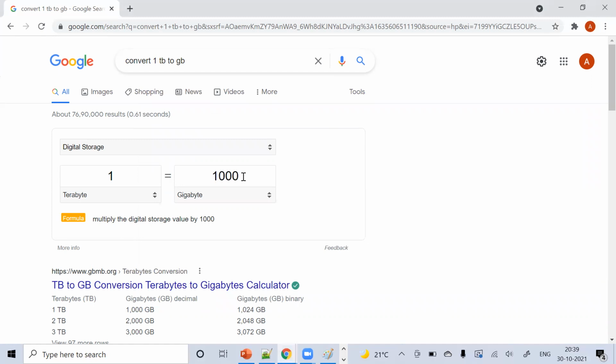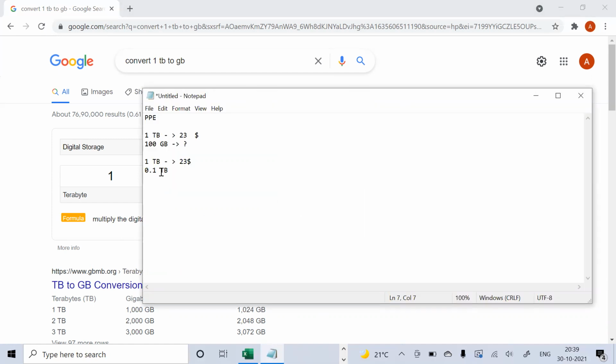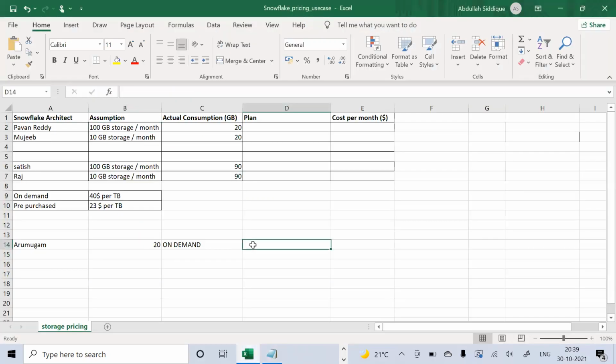But it will be somewhere around 0.1, right? Yes, 0.1. So how much will be the cost for on demand? $2.3, right? So it will be $2.3.